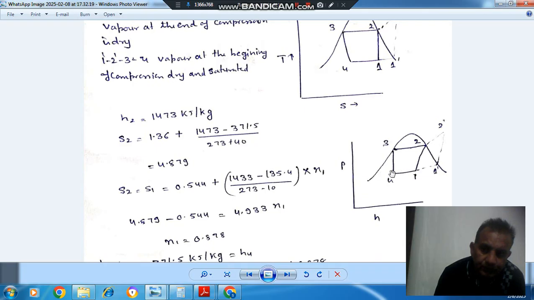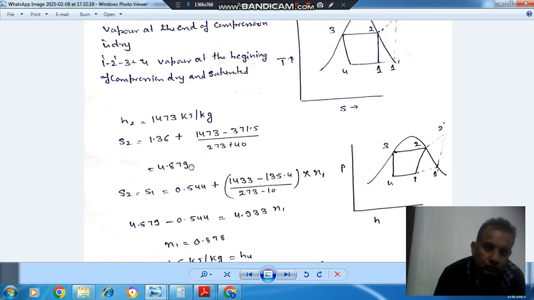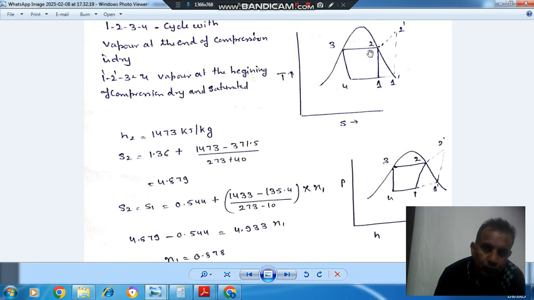This is constant pressure line. This is isentropic line. Enthalpy will increase, and this is also isentropic line, and this is isenthalpy line. So here this temperature is 40 degrees Celsius, and here the refrigerant is dry and saturated corresponding to 40 degrees Celsius.